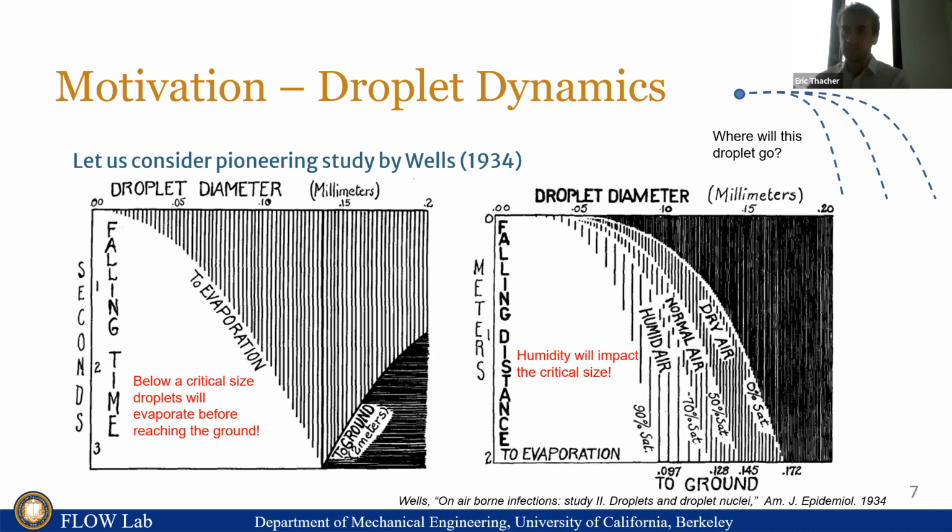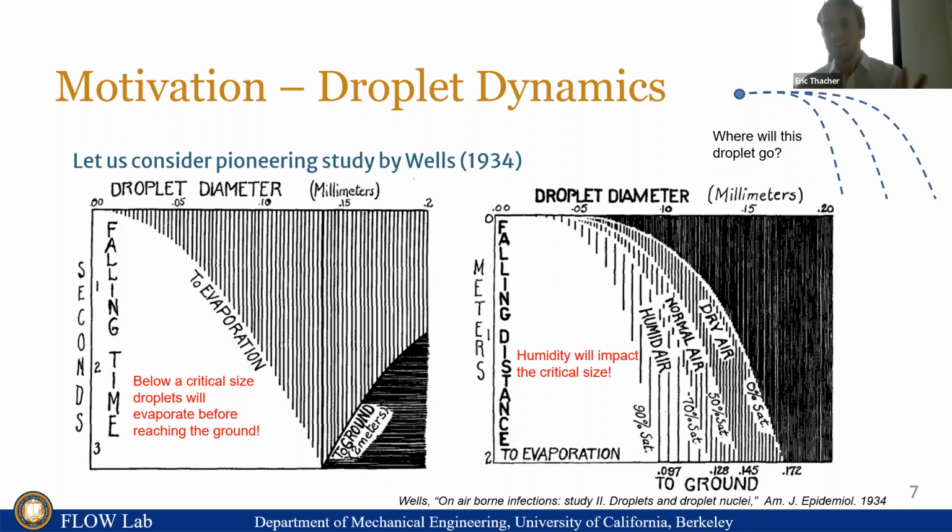But that's not the full story. Or at least part of the story is that you have humidity, right, which affects the evaporation rate. So essentially that time scale of evaporation is dependent on the environment. In humid air, it'll evaporate more slowly. In dry air, it'll evaporate more quickly.